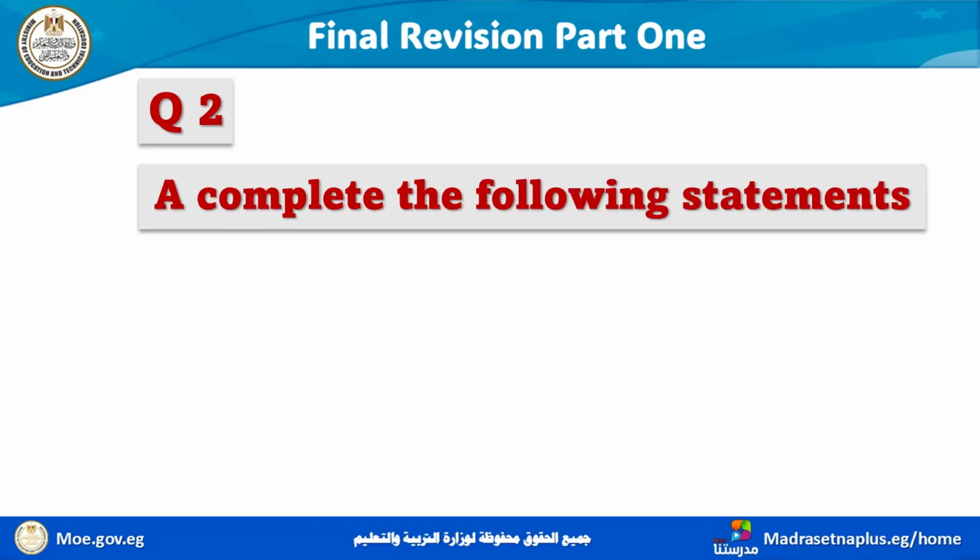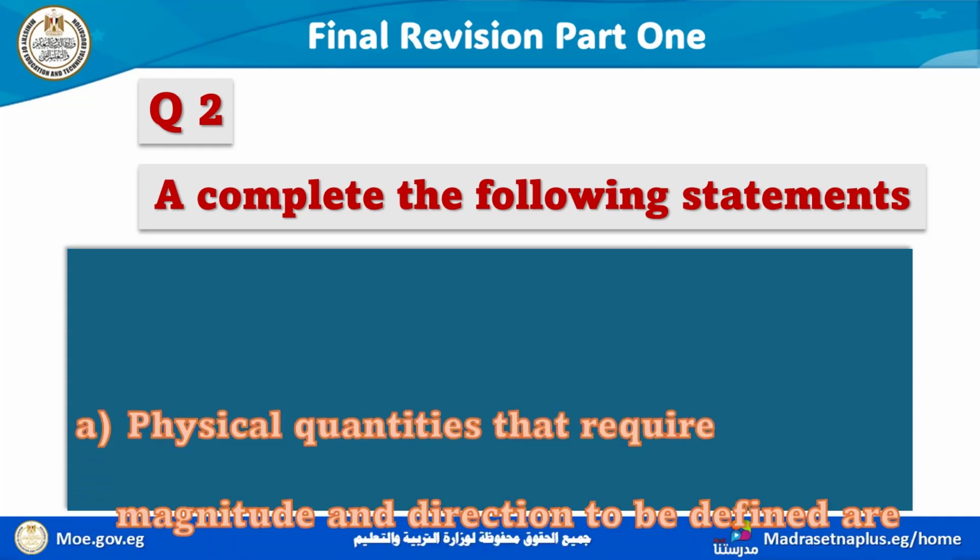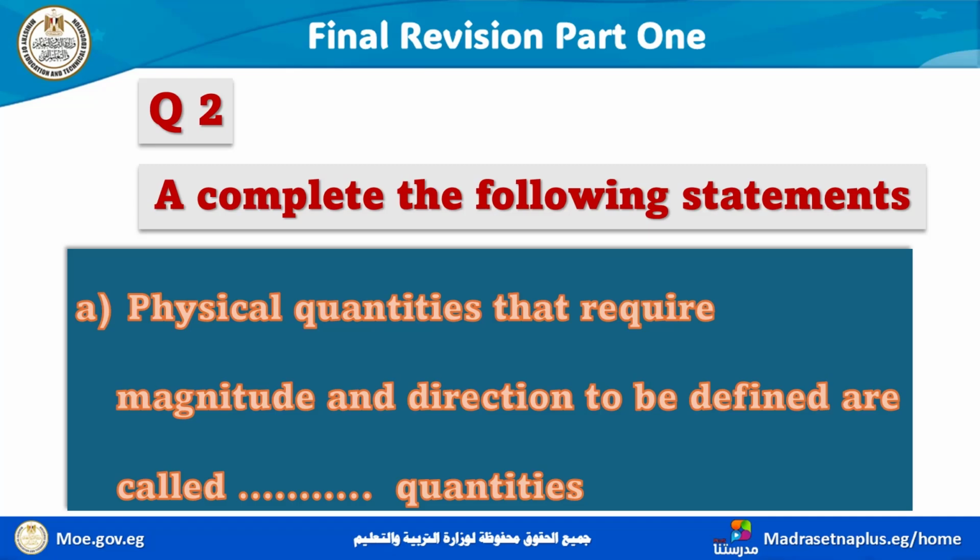Question 2. Complete the following statements. Number 1. Physical quantities that require magnitude and direction to be defined are called dash quantities. We have studied that there are two types of physical quantities: vector physical quantities and scalar physical quantities.